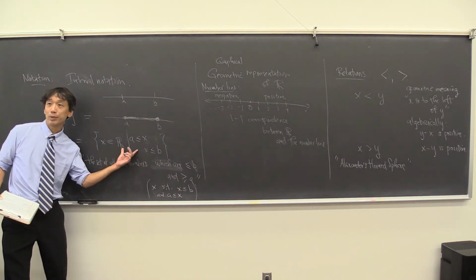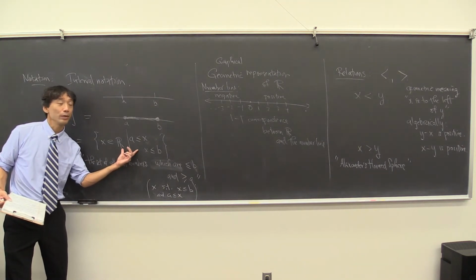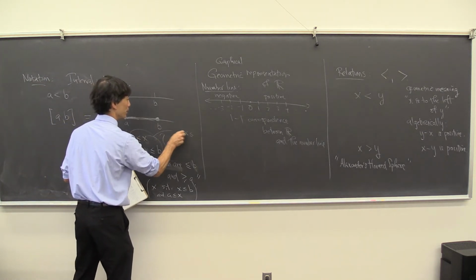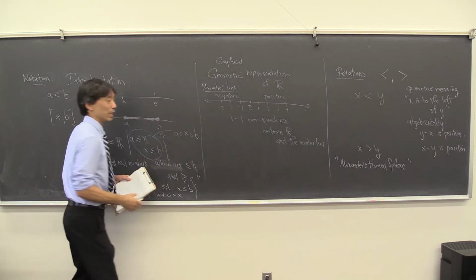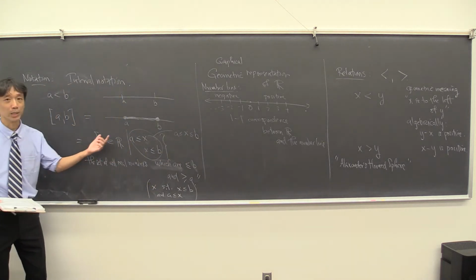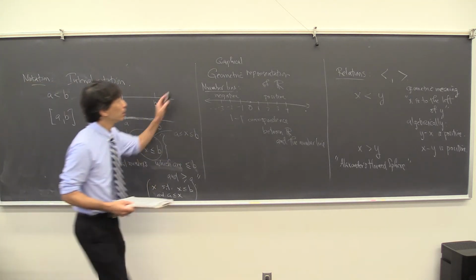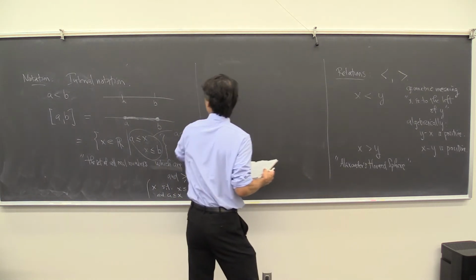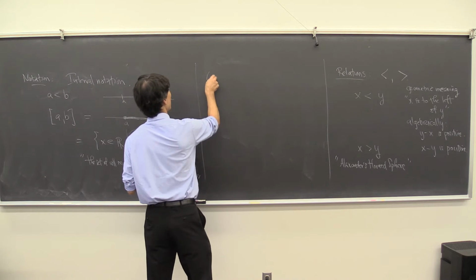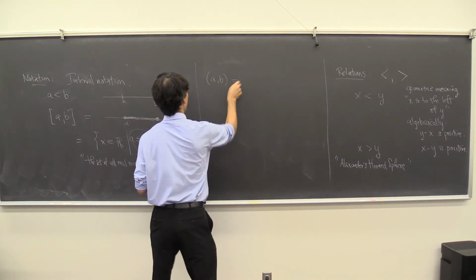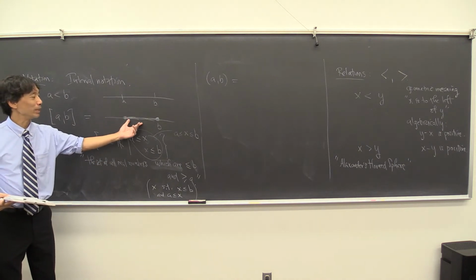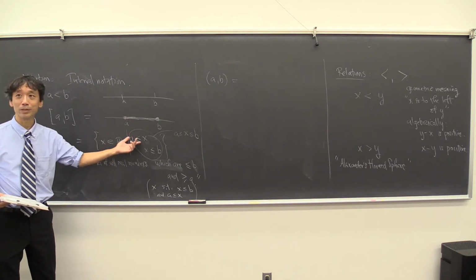Does this make sense to people? Anybody confused by this? Okay. Of course, normally we abbreviate this as just one statement: x lies between a and b inclusive. Take a minute and write down what this should be as a picture and also as set notation.